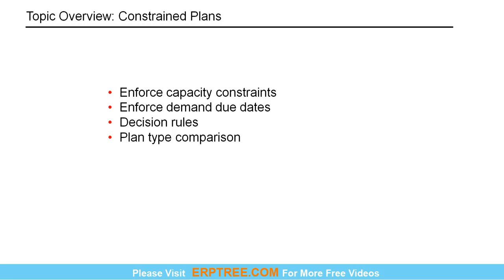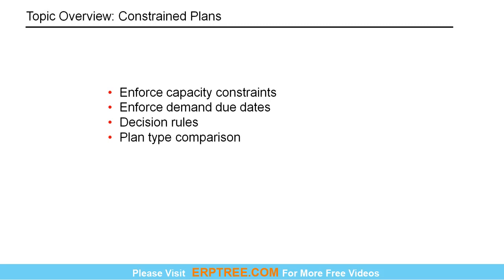You can overload the supplier, you can overload the resources, but you have to meet the customer demand date. So it depends on the business priority, basically. And based on that we can set certain decision rules.